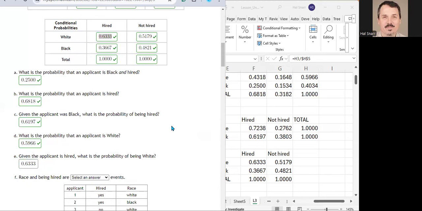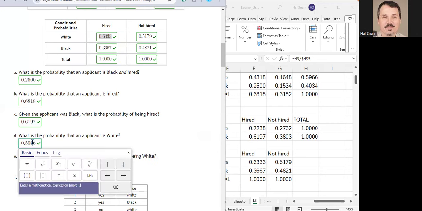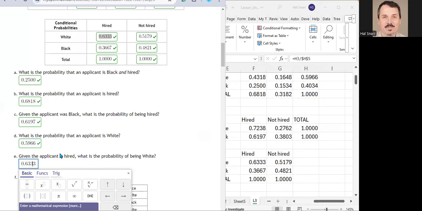So this is a probability of white, and this is a probability of white, only we're talking about only applicants that were hired. If race and hired status are independent, these two numbers would be identical.